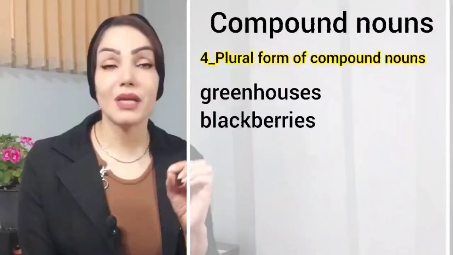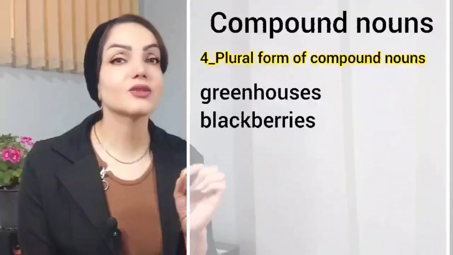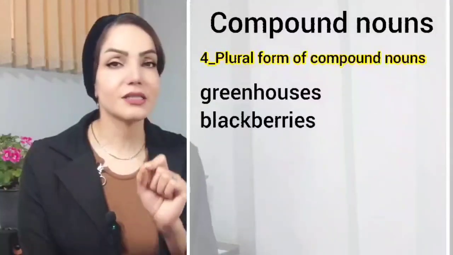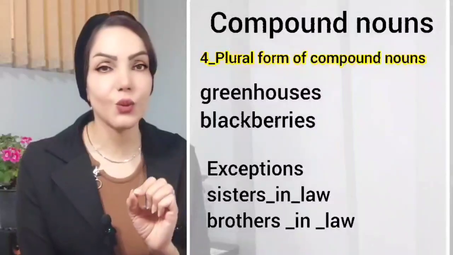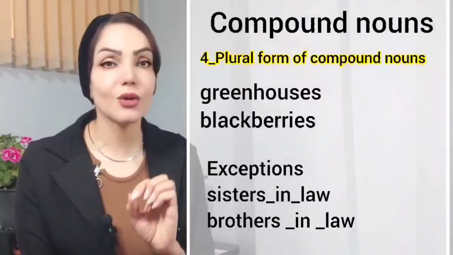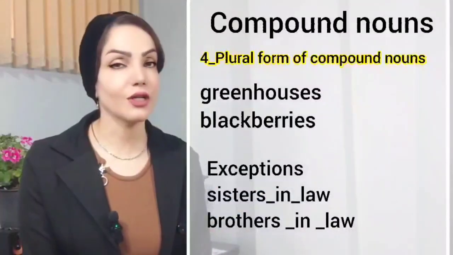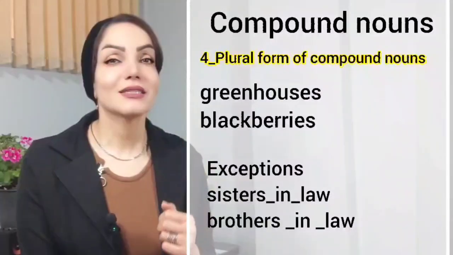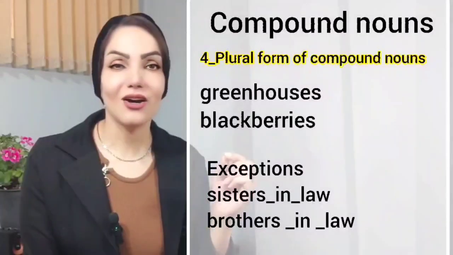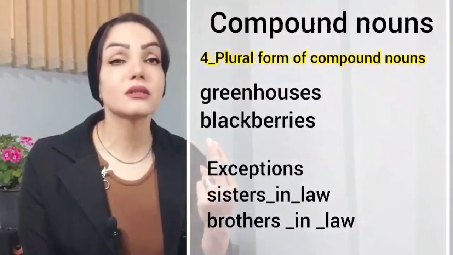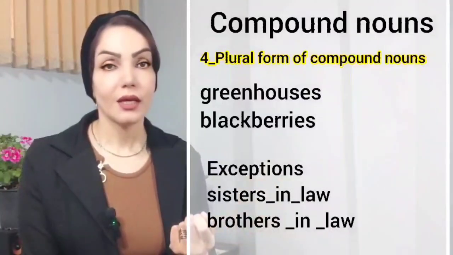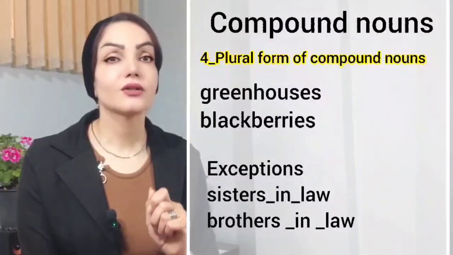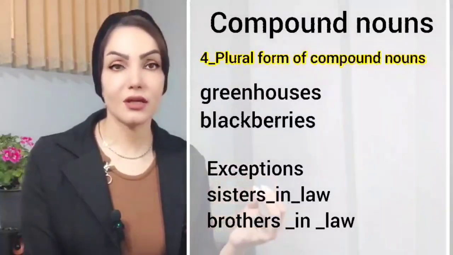But we have some exceptions where we add s or es to the first part, to the first word, the first noun of a compound noun. For instance, when we are talking about two sister-in-law, we say two sisters-in-law. The s is added to the first part, two sisters-in-law.